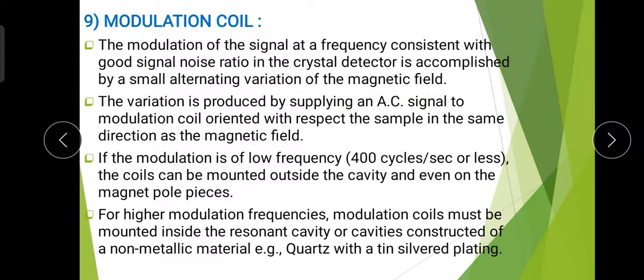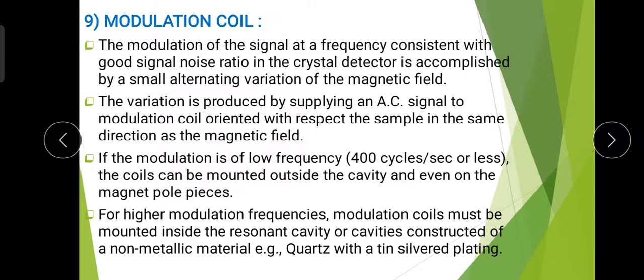That means if we vary the magnetic field, we can modulate the signal at a frequency consistent with a good signal to noise ratio. That means if we have to obtain a good signal, then we also have to obtain a good signal to noise ratio. That means the noise is minimized, noise is less and signal is more, then we are able to obtain a good signal to noise ratio.